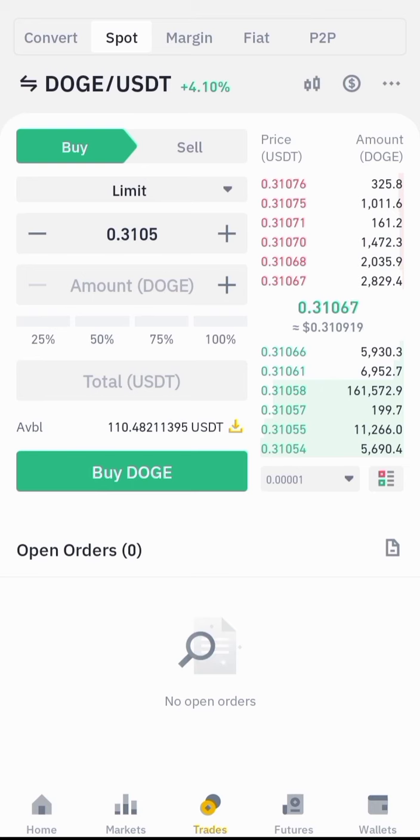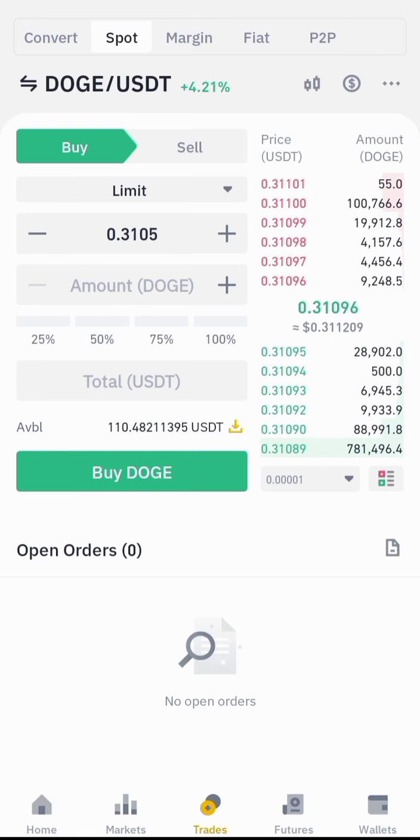So on the right hand side, what we have there is the order book. The order book carries the bid and the ask. The bids are the green, those who are seeking to buy some amount of Doge at a particular price, while the red, the ask, are those who are selling off their Doge holdings at a particular price.